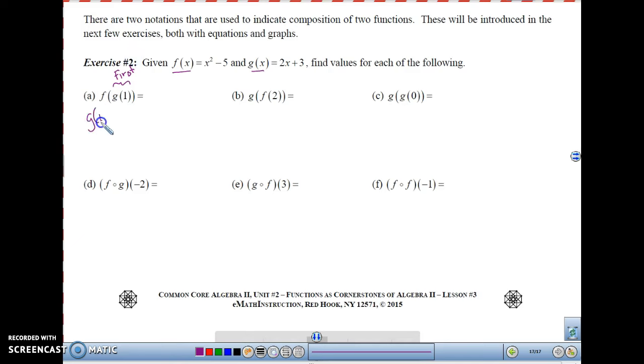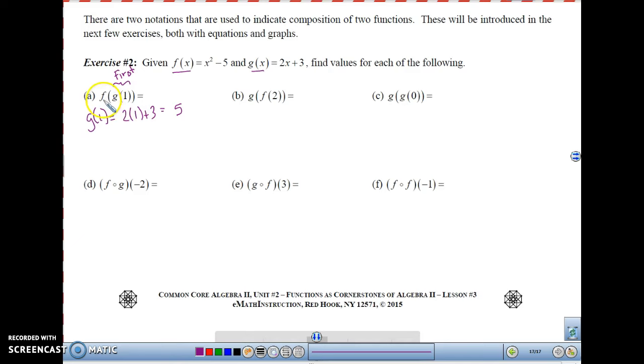So g of 1. Remembering our function rules, which function do they want us to use? They want us to use g. So we take this function right here. What are we going to plug in as the input? We plug in 1, because when x is 1 in the g function, 2 times 1 plus 3 is 5. So g of 1 is equal to 5.